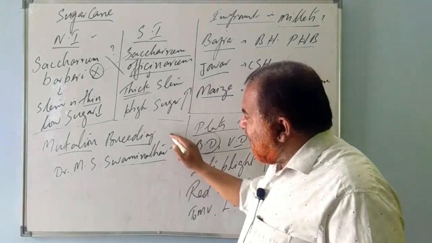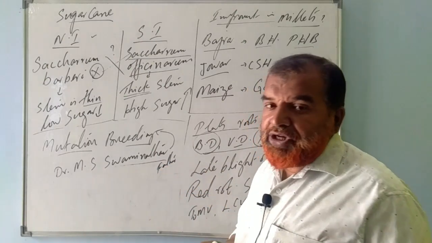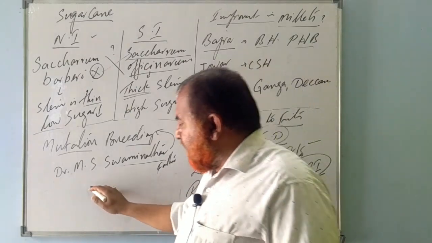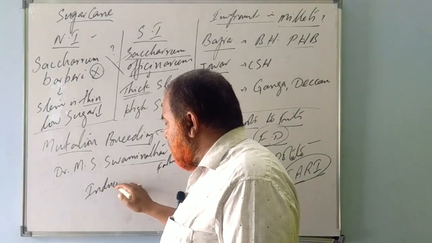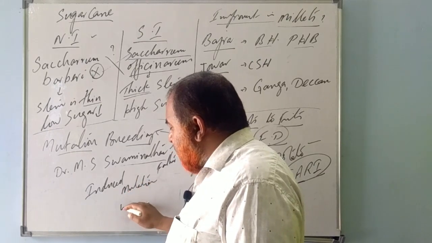He is also known as the father of mutation breeding because he used induced mutations in the case of wheat.